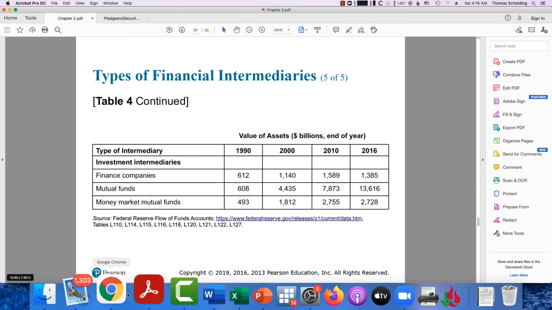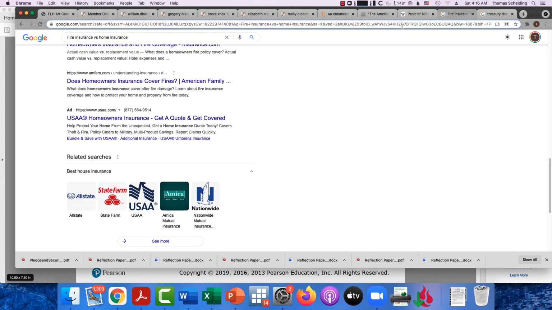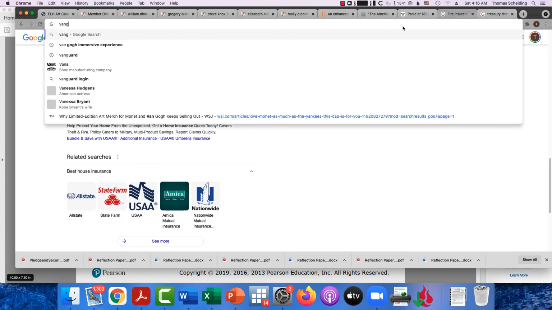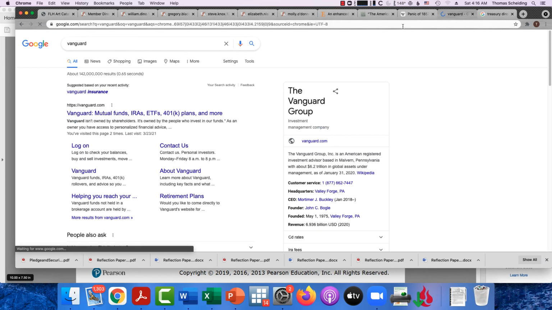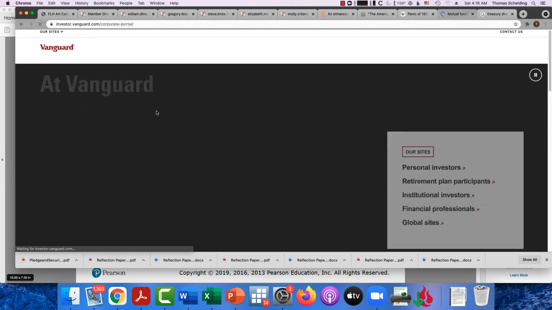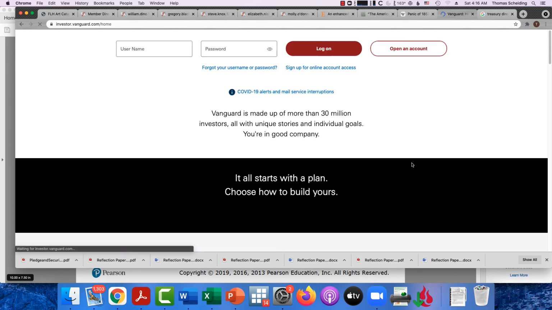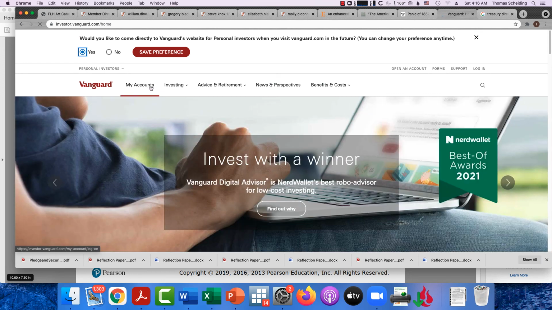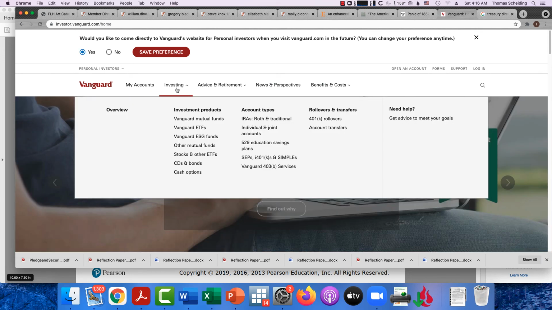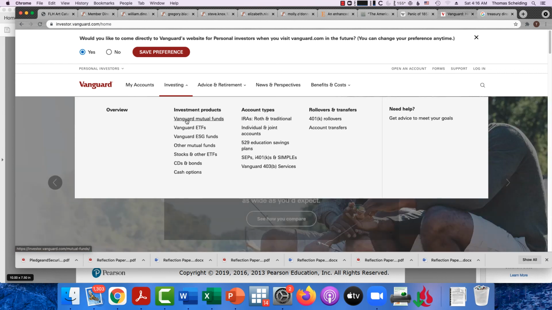As an example of this, if we go to Vanguard, which probably most of you are somewhat aware that it exists. You can see here again a distinction made between mutual funds and exchange traded funds.